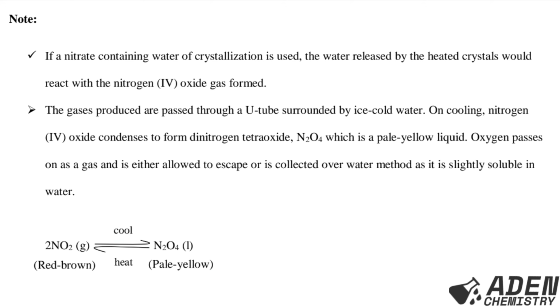If we heat the dinitrogen tetraoxide, we get nitrogen peroxide gas. This is how we collect nitrogen peroxide gas, and the method of collecting it is called the liquefaction method.